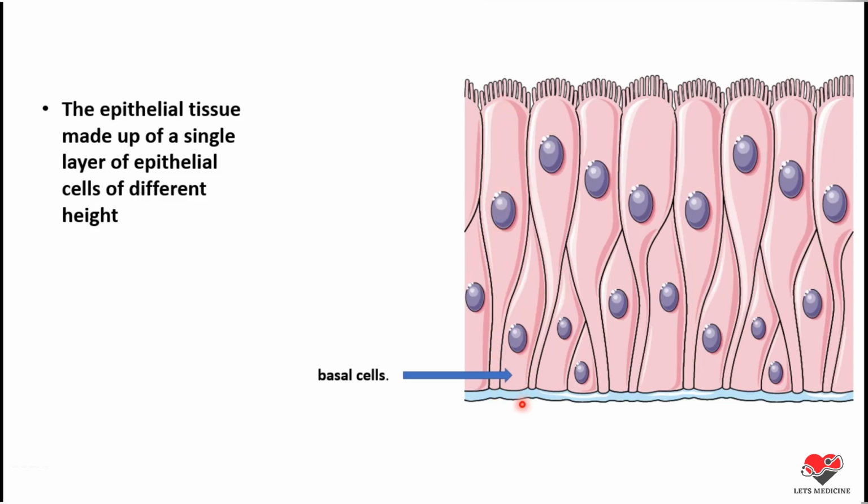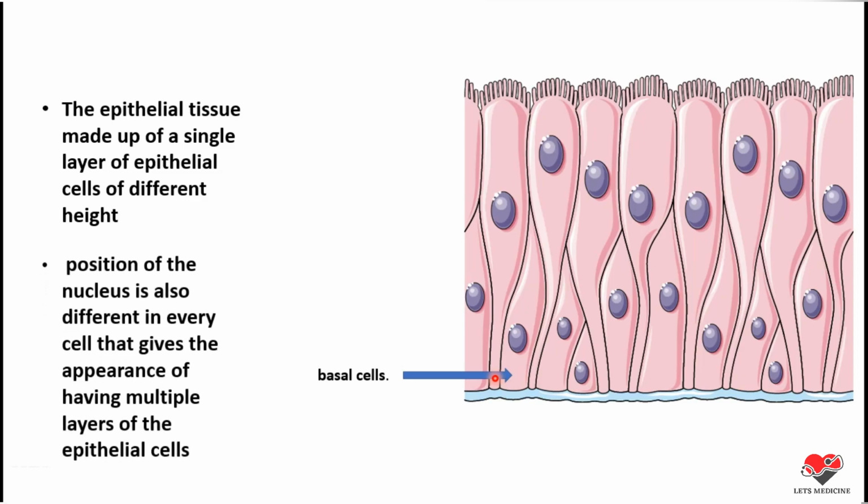However, some of the cells, although resting on the basement membrane, do not reach the topmost level of the epithelium and end up somewhere in the midway. These cells, which cannot reach the complete height of the epithelium, are called basal cells. Because of these two different sizes of cells, the pseudostratified columnar epithelium gives the appearance of being multi-layered.